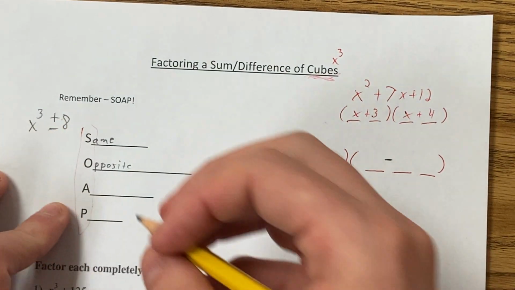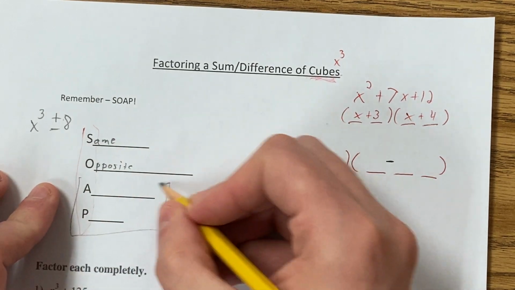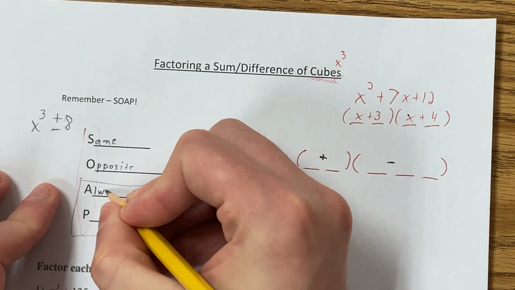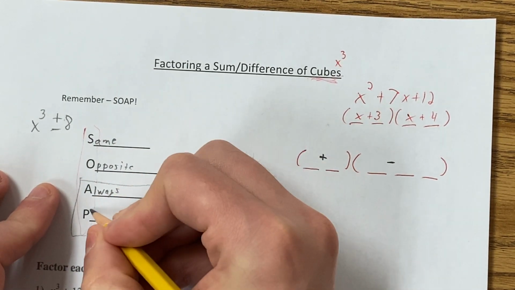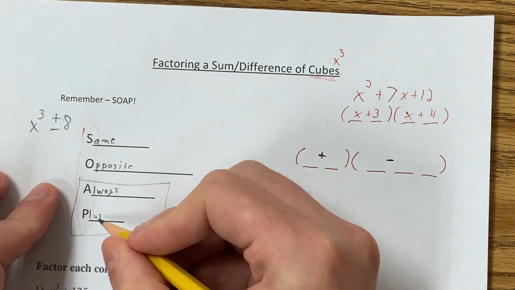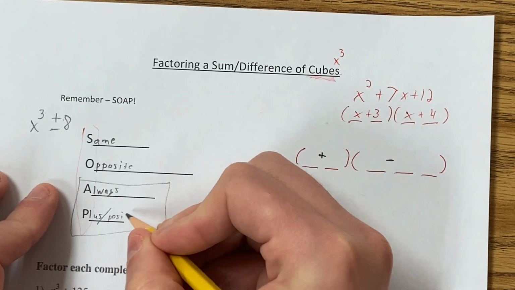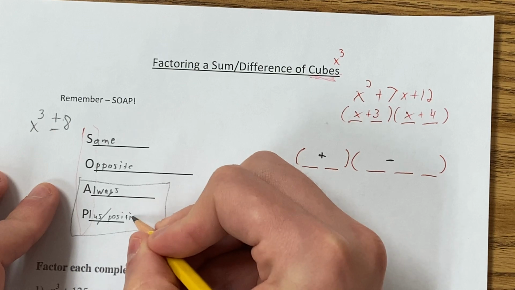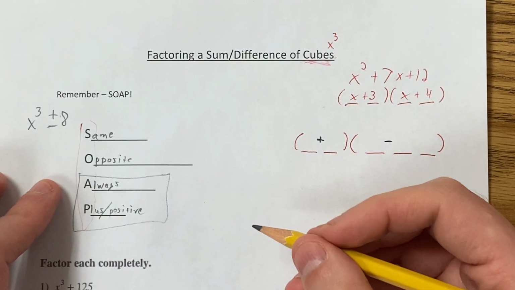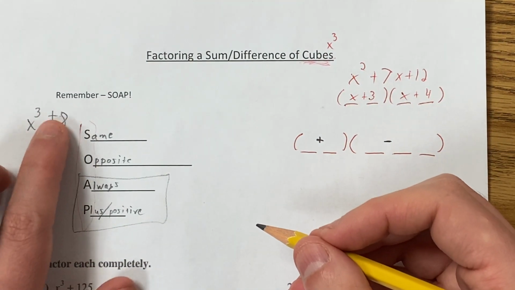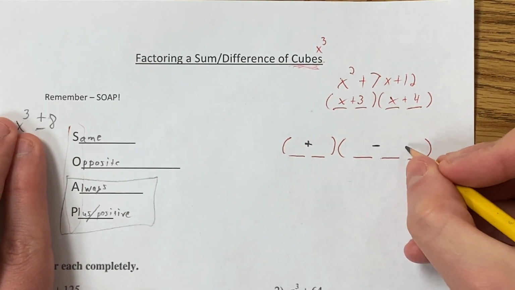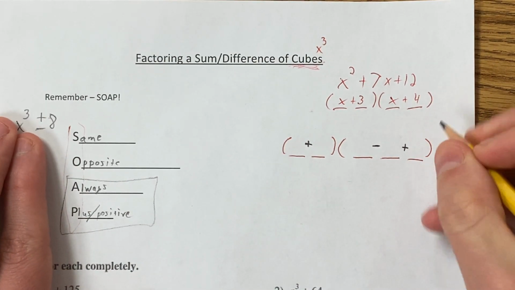And then the A and the P go together. It is always plus or always positive, whichever one you like to say. I usually say always plus, but always positive is the correct math way of saying it. It doesn't matter if it's a plus or a minus up here, this is always going to be a plus sign right there.